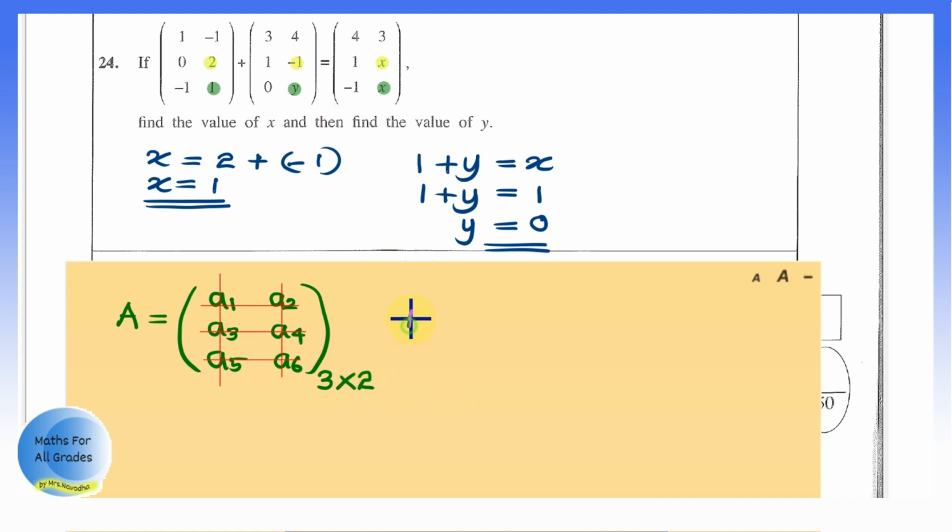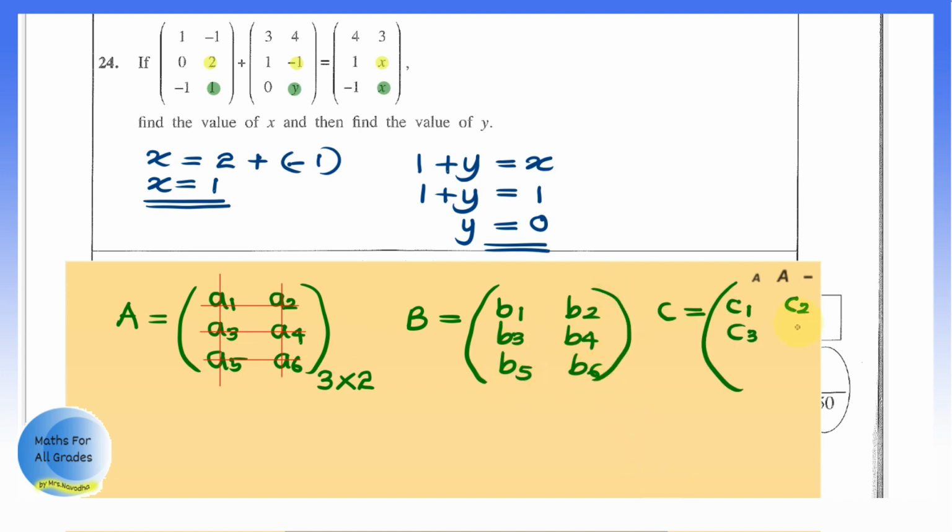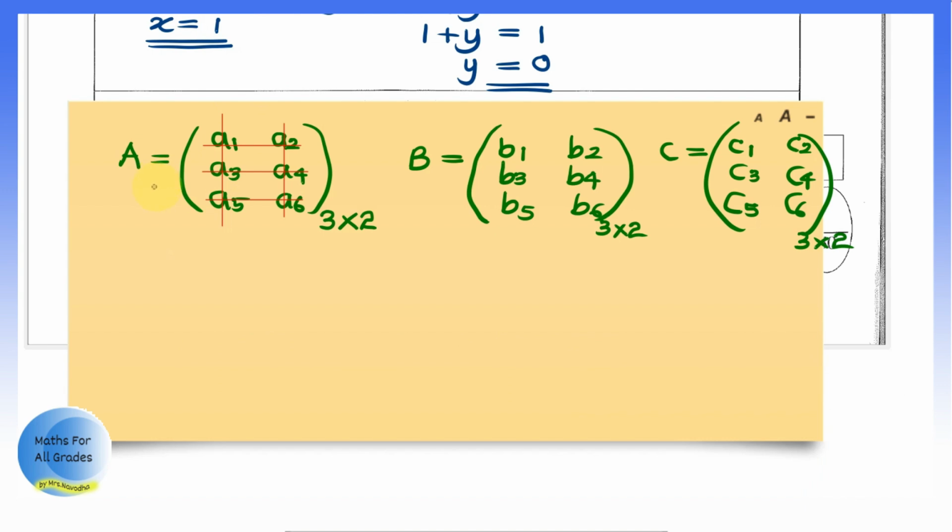I'm going to write down another 3 by 2 matrix, B1, B2, B3, B4, B5, B6. Now this is the matrix B. And let's write down another matrix with the same size. So these B and C matrices are also 3 by 2 matrices. Since these 3 matrices are equal in size, you can add those matrices.